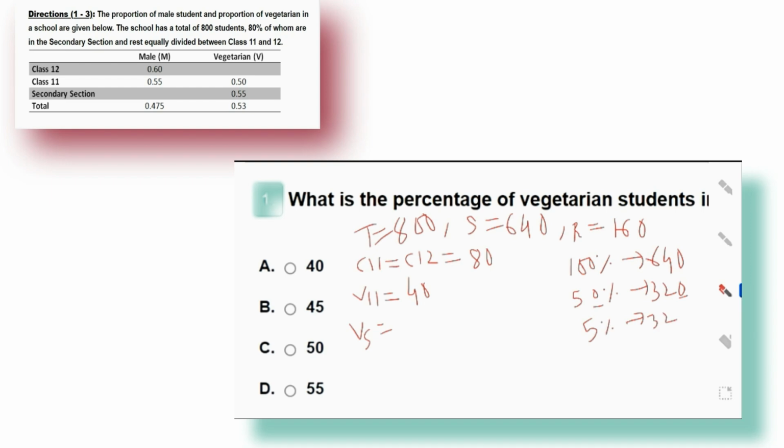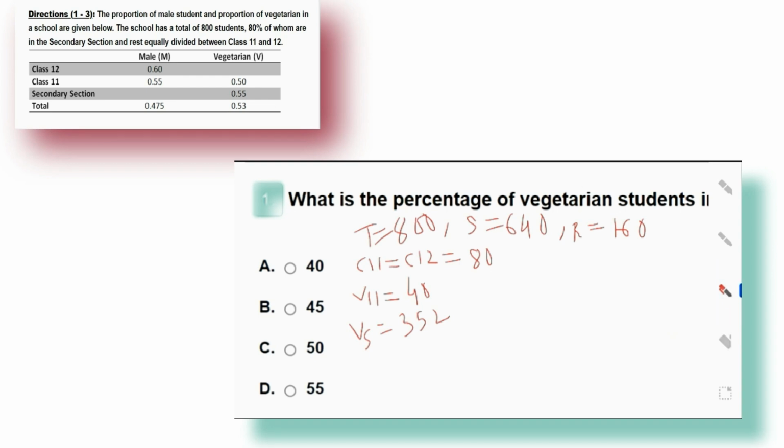That is just add 320 plus 32, then we will get the total 55%, that is 352, right? So 352 is the total number of vegetarians present inside secondary section. Okay, so I hope you got it. Let me remove this as the space is very little.